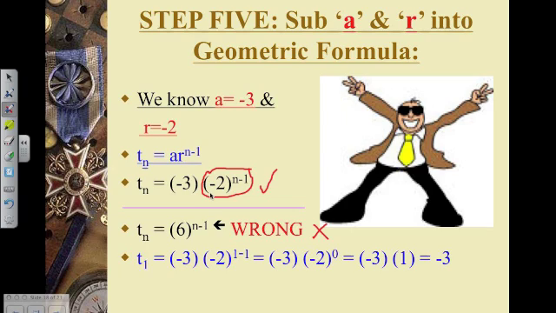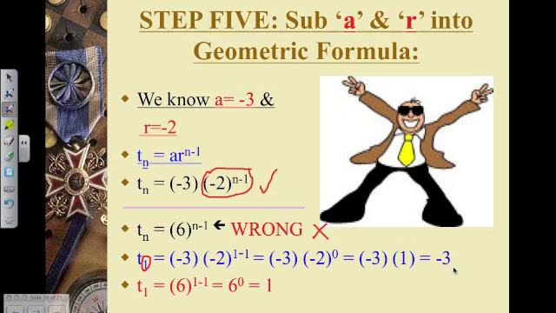We can also now determine the first term of the sequence by substituting n is equal to 1 into my general term formula. So -3 times -2 to the power of 1 minus 1 is equal to -3 times -2 to the power of 0. Now anything to the power of 0 is equal to 1, so my first term is -3.